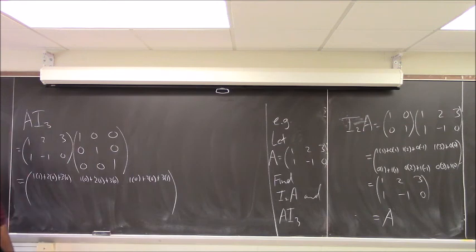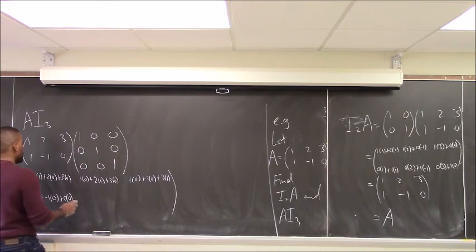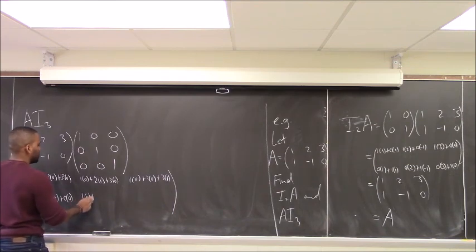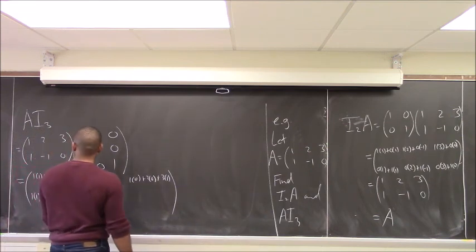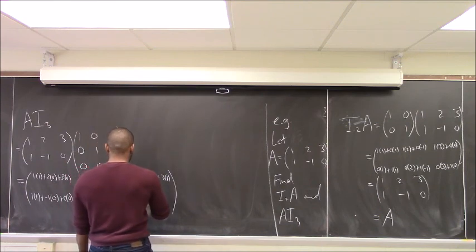Move down to the second row times the first column. And second row times second column. And second row times third column.